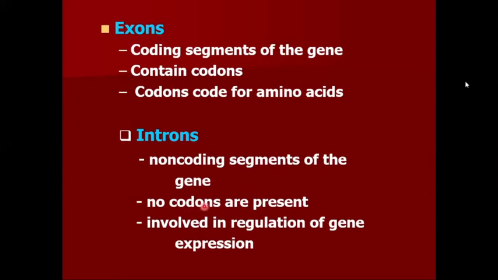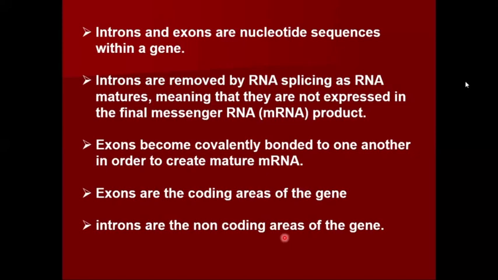There are no codons in the introns, but they are involved in the regulation of gene expression. Now, introns and exons are nucleotide sequences within a gene. Okay? So genes contain introns and exons alike. Now, later, introns are removed by RNA splicing as RNA matures.